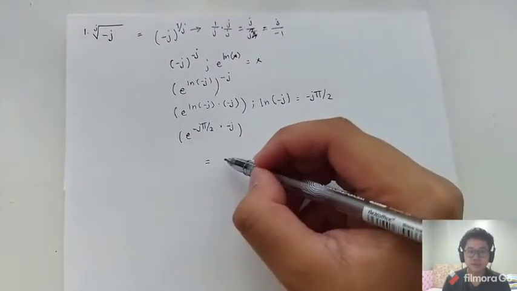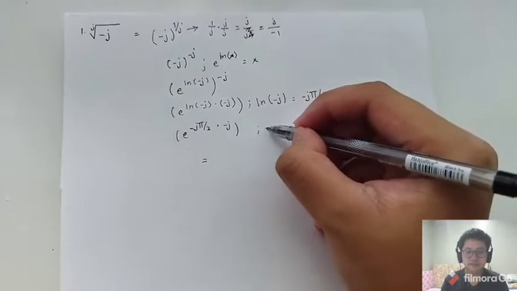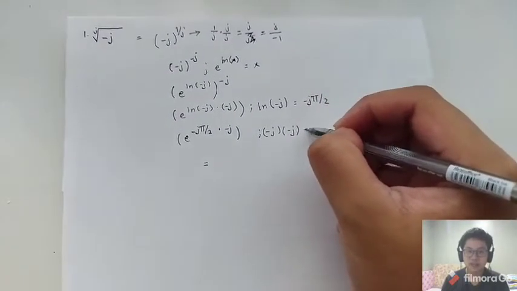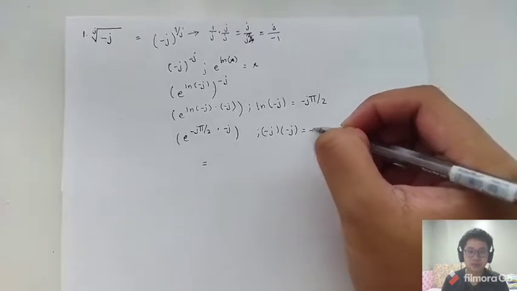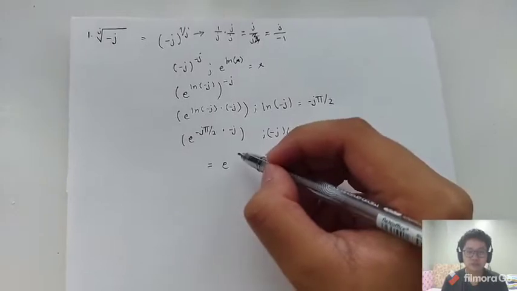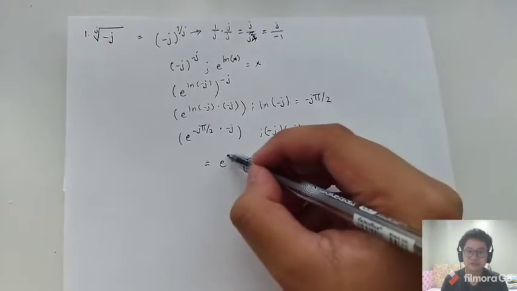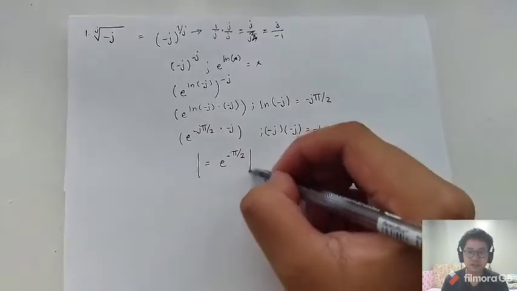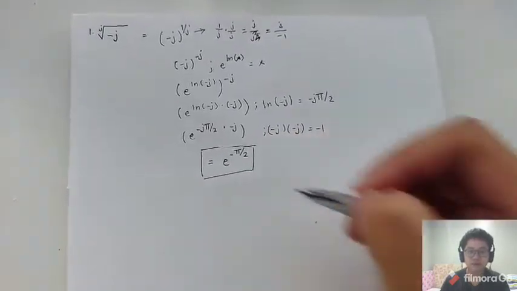Now, multiplying negative j by negative j gives us j squared, and j squared is equal to negative 1. Negative 1 multiplied by pi over 2 is negative pi over 2. Our final answer is e raised to negative pi over 2.